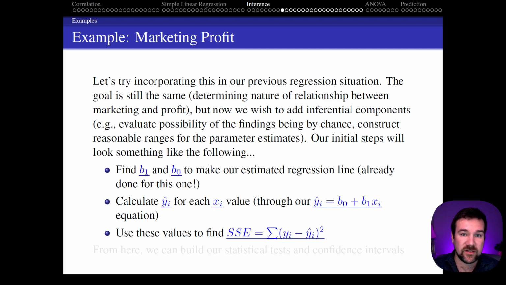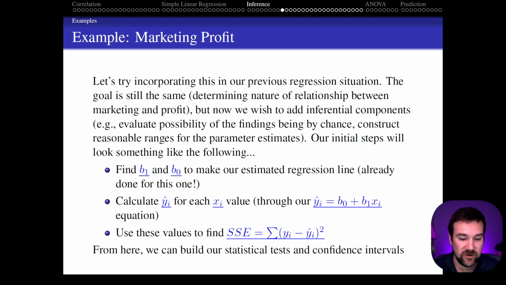Now that I have my predicted y values for every data point, I'm going to find the difference between the observed y's and the predicted y's for each data point. I'm going to take those differences, again, errors, how far off my line's prediction was from the actual observed data point. I'm going to take each of those and square them and then add them up, and that's my sum of squared error.